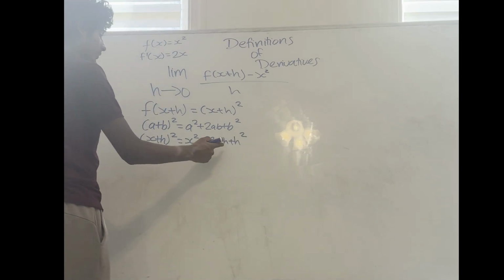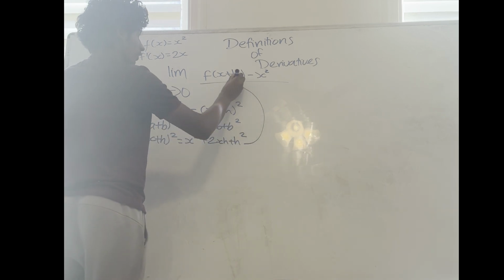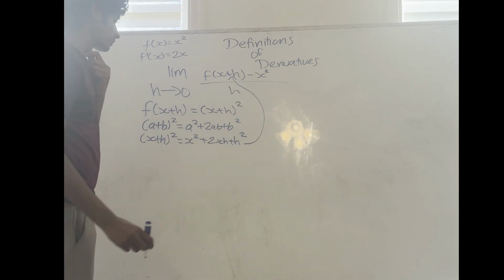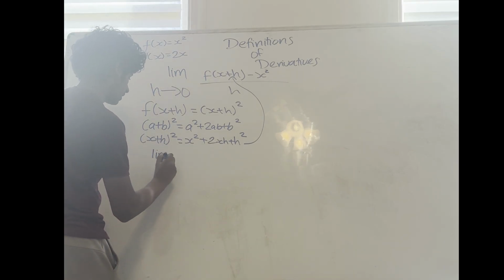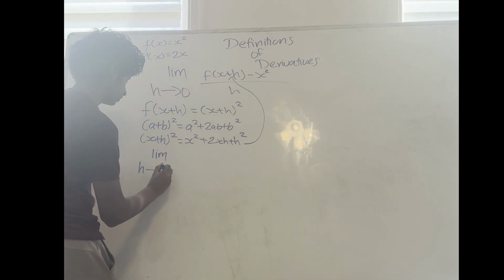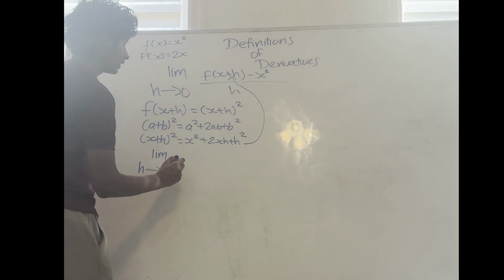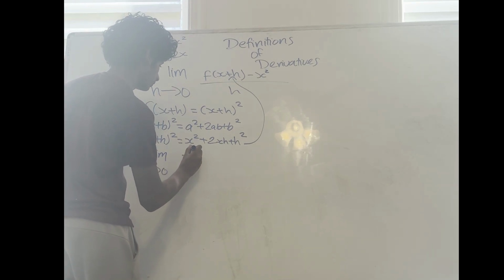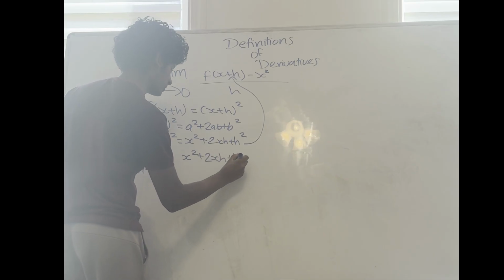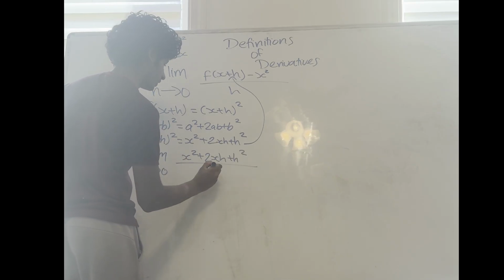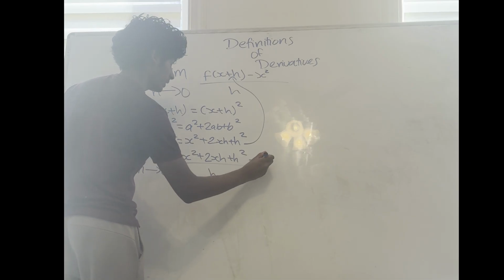All right? Now we can substitute this thing right over here. So the next thing which we get is, as the limit of h approaches 0, we have x squared plus 2xh plus h squared, minus x squared, over h.